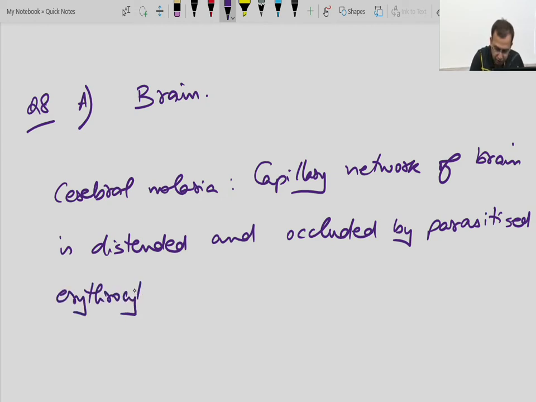What this means is the capillaries are occluded by RBCs which have malaria in them.